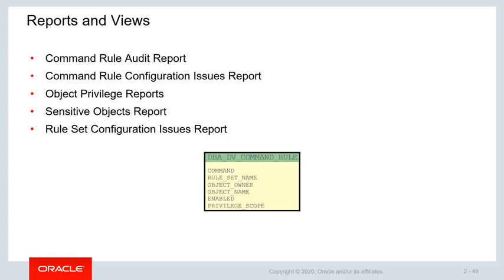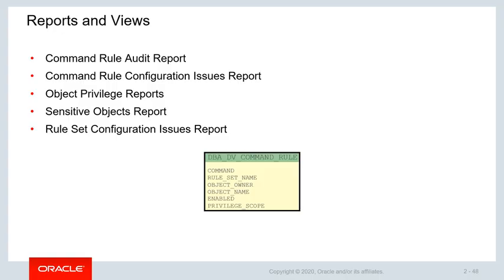In order to list the object privileges that the command rule affects, you can view the object privileges report. The sensitive object report will list objects that the command rule affects. And the rule set configurations issues report will list rule sets that have no rules defined or enabled, which may affect the command rules that affect them.